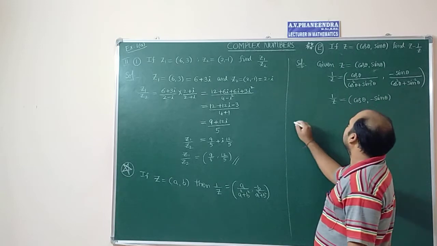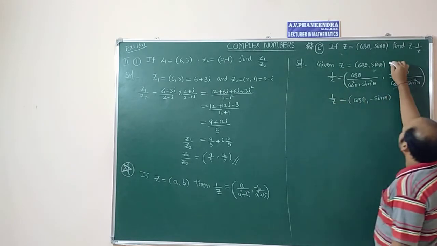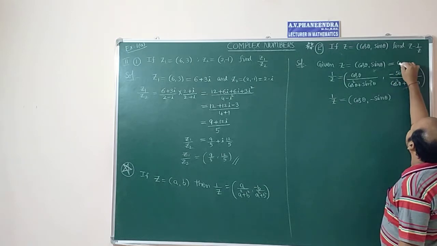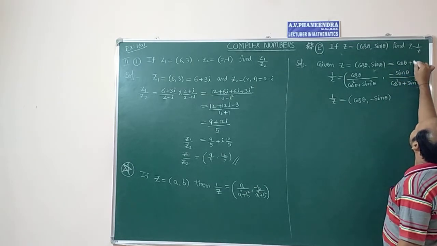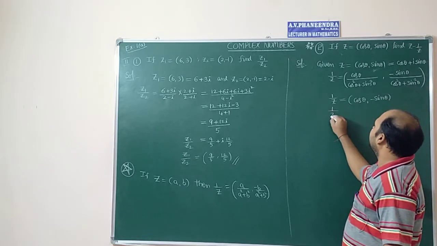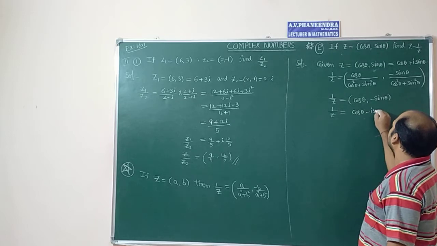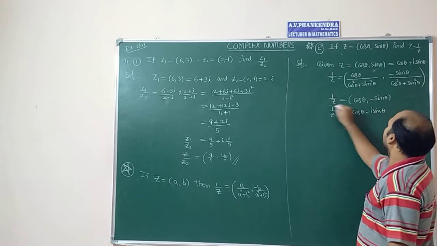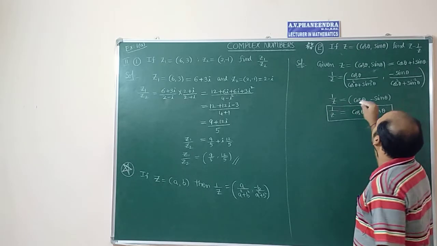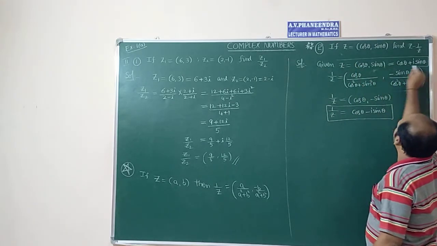After that, cos theta comma sin theta can be written as cos theta plus I sin theta. Therefore, 1 by Z also can be written as cos theta minus I sin theta. This is the given Z value.